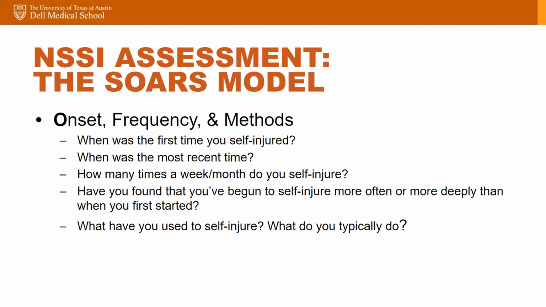What have you used to self-injure will be the next question, and what typically do you use? So if we are told that a child has multiple forms of engaging in self-injury, or multiple methods for doing so, those again would be elevated risks or elevated concerns clinically, as well as if there are different ways to engage in similar behavior.